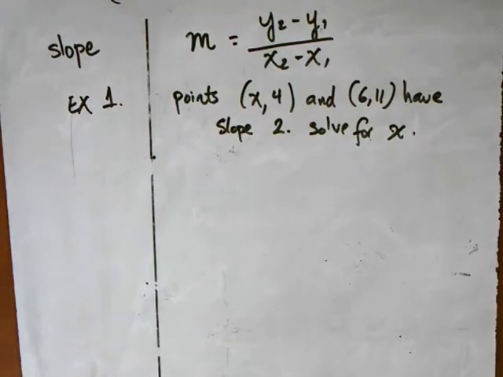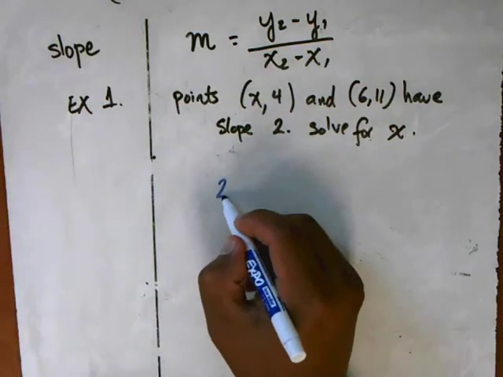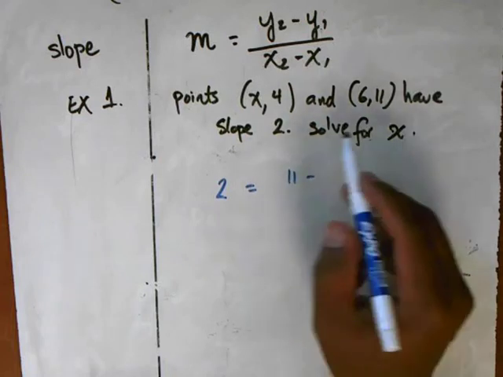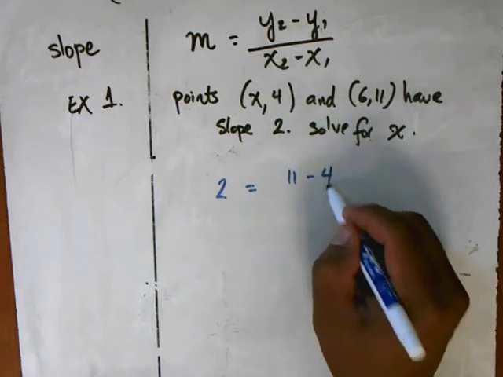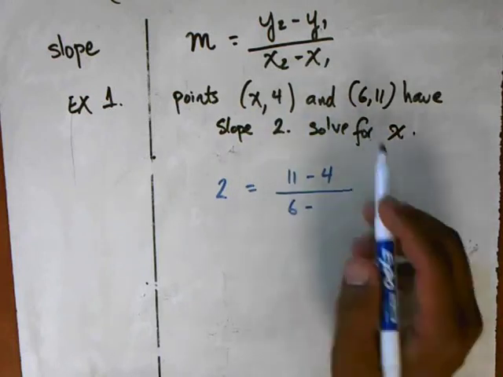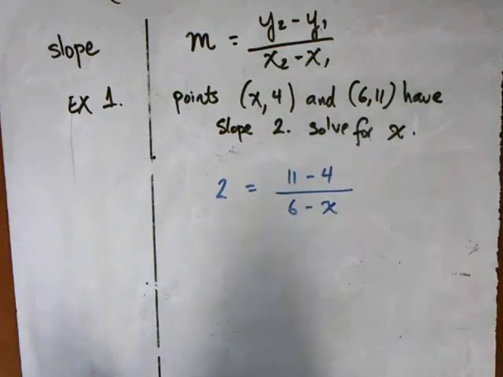So in order to set this up, we simply set up our slope equation. We know that the slope is 2, which is equal to y2, 11, minus y1, 4, divided by x2, which is 6, minus x1, which in this case is the variable x, and our goal is to solve for x.